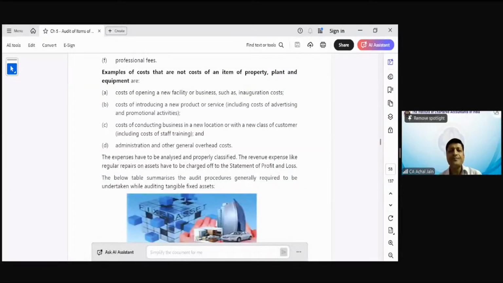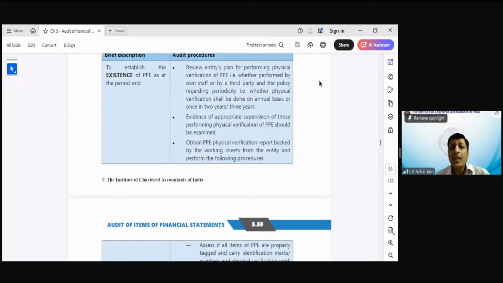Fine. Now, one, existence. For verification of existence, what do you do? Physical verification. The entity's plan will have to be reviewed. Here again, the same sort of challenges could be there.